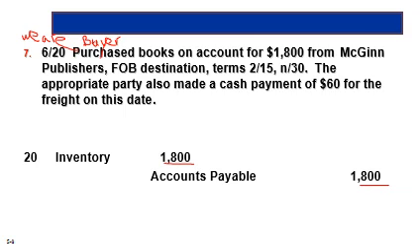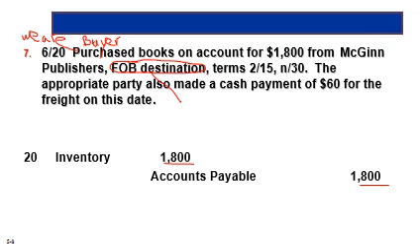And we're buying it from, again, we have FOB destination. So that means when the seller ships it to us, we get ownership when it arrives. So the appropriate party makes a cash payment of $60 for the freight on this date. So the seller owns it until we receive it.